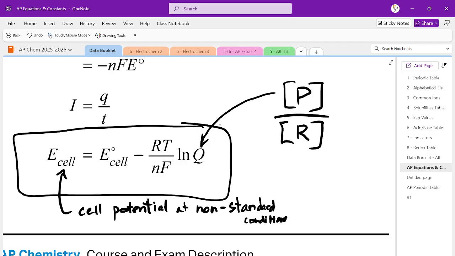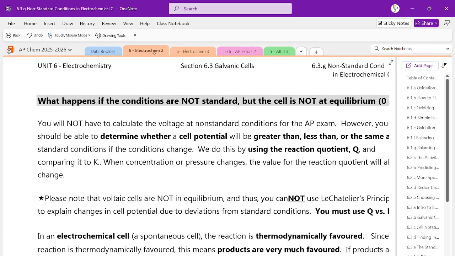So if you're stuck and you don't know how to explain this very well, you can always fall back on math, to be like, it's going to be smaller because watch me do the calculation. Yes? However, like I said, they don't expect you to be able to do that. So what do they expect you to be able to do?